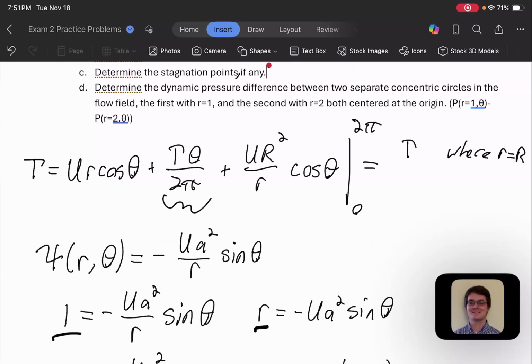The problem in part D: determine the dynamic pressure difference between two separate concentric circles in the flow field. The first with r equals 1, the second with r equals 2, both centered at the origin.